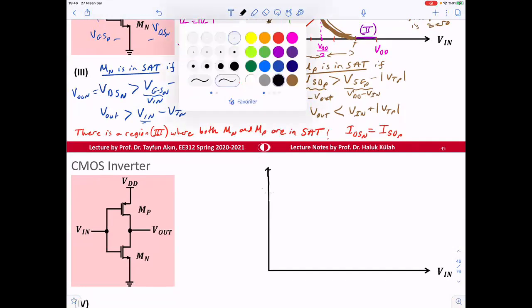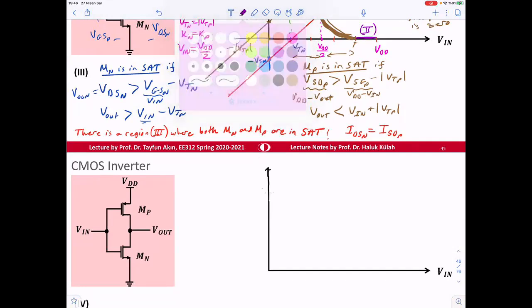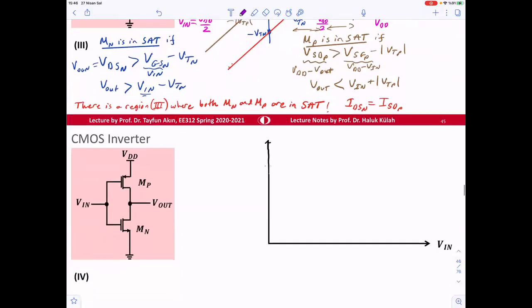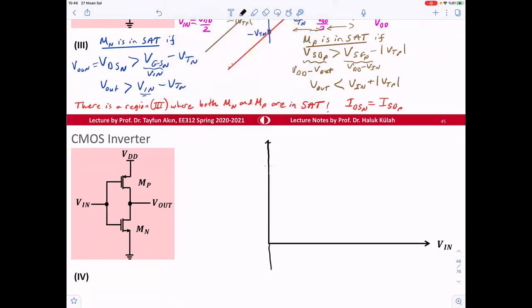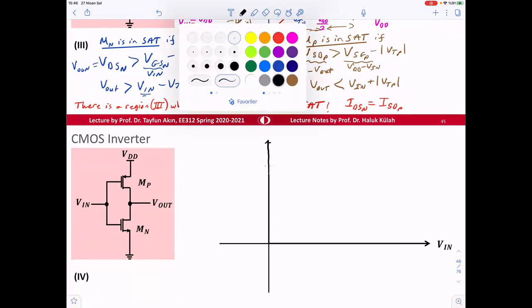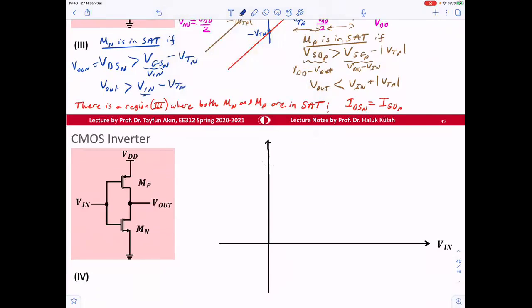Okay, so if you look at the graphic again, here is the point. Let's draw this nicely so that you understand the operation maybe better.